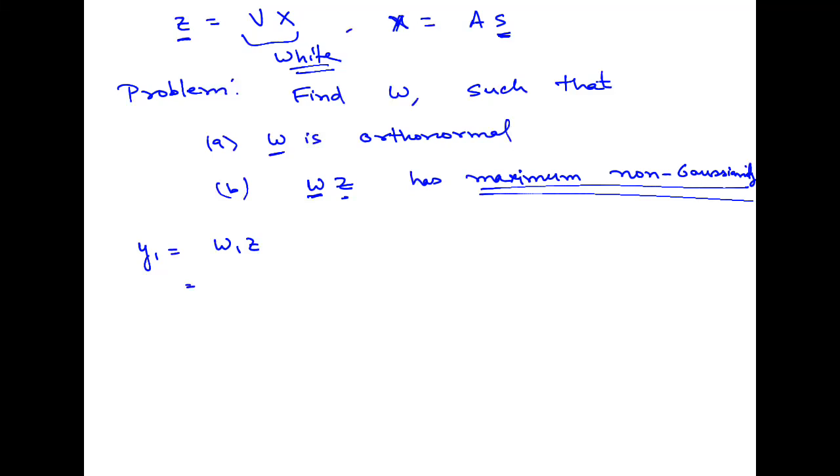Now I put in the value of Z, and I can combine these three terms and write it as a vector Q1 times S. So this is nothing but the summation of Q1j Sj, with j going from 1 to n.